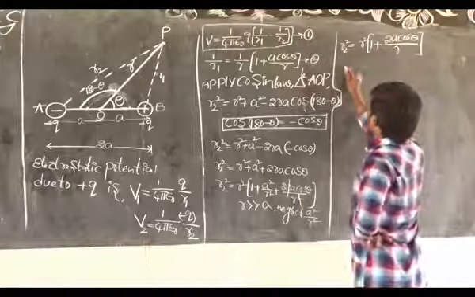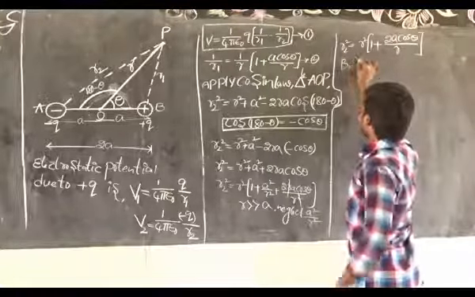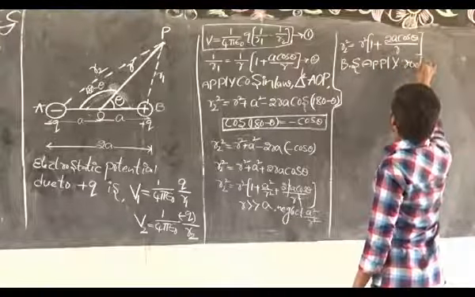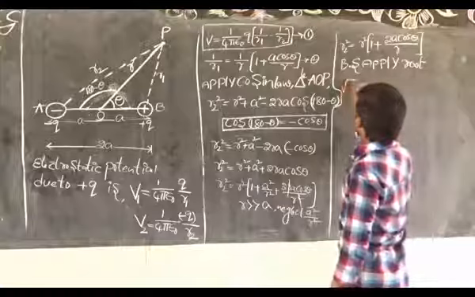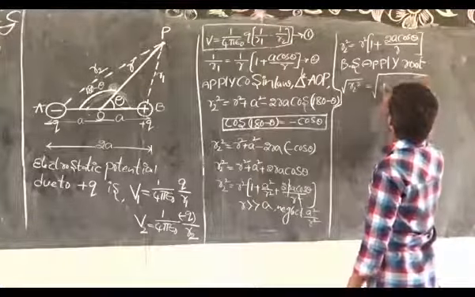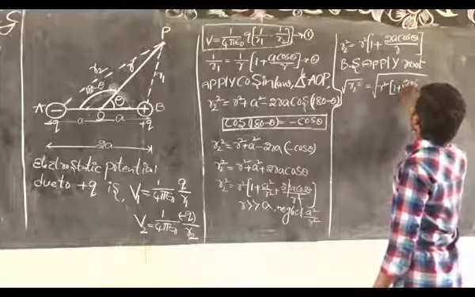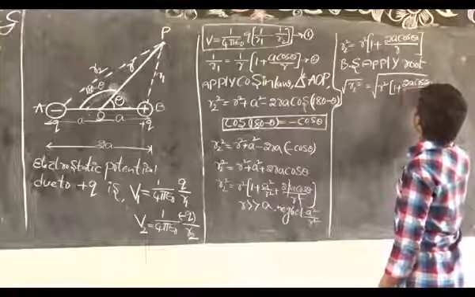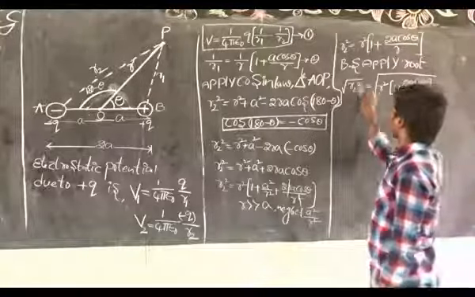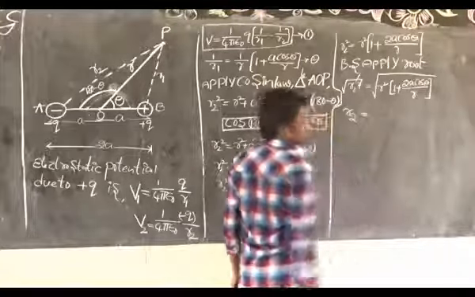Now on both sides again you should apply the root. So R2 is equal to under root R square into 1 plus 2A cos theta by R. Now square and root cancel.